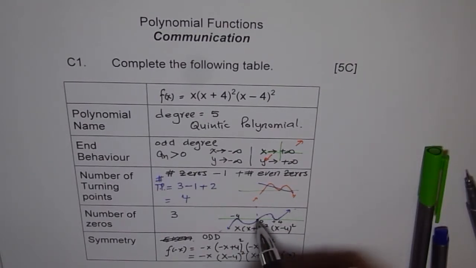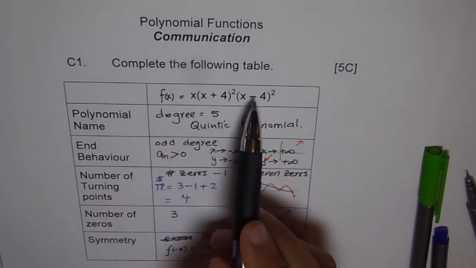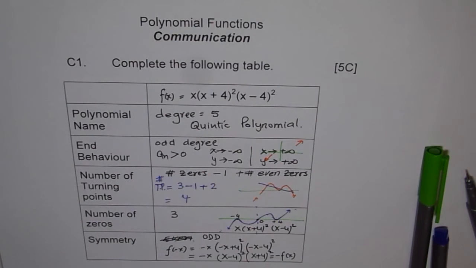Do you see it's symmetric about origin? So this point and this point, they are all symmetric about origin. And it is an odd symmetry, okay? Degree 5, odd degree, and this is odd symmetry. What helped us for this being odd symmetry? Because we have these two symmetric zeros because of that, okay? I hope you understand. Okay, thanks.